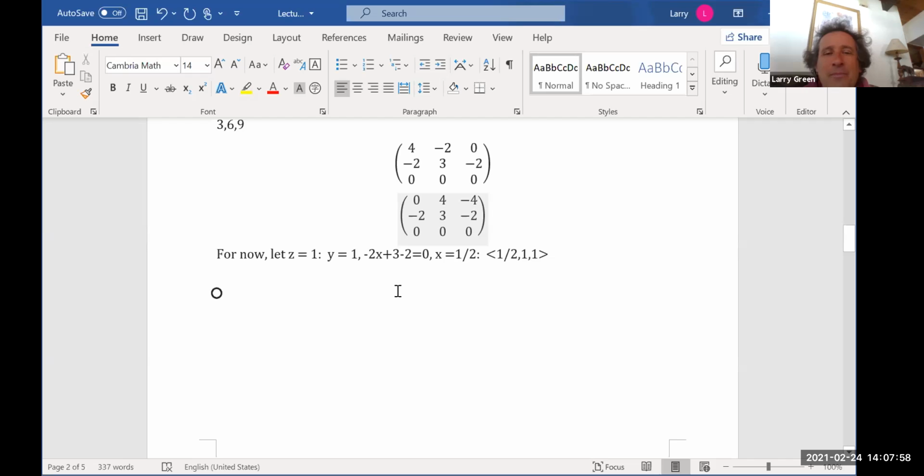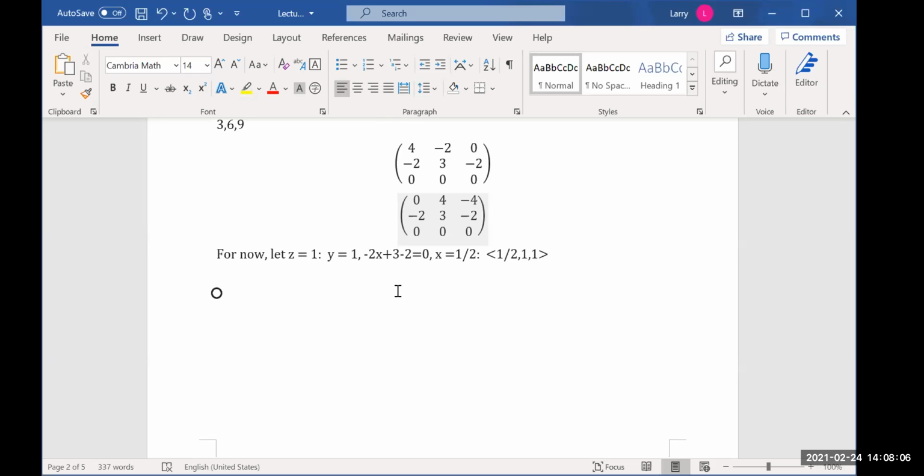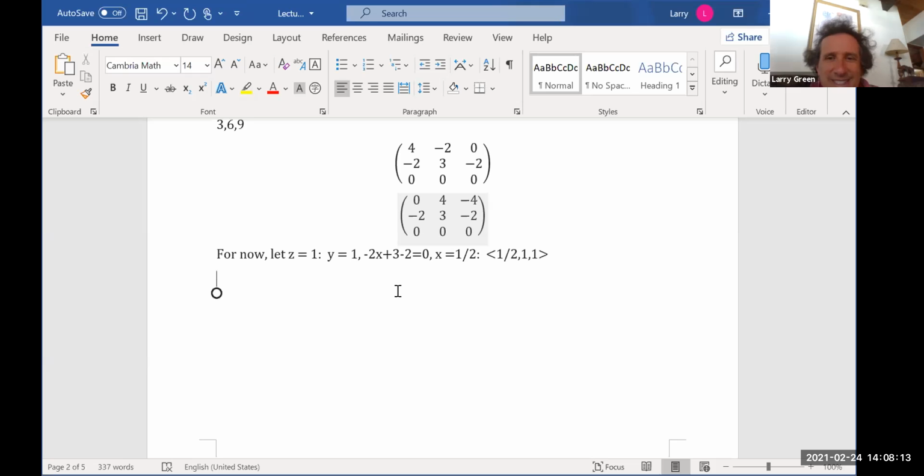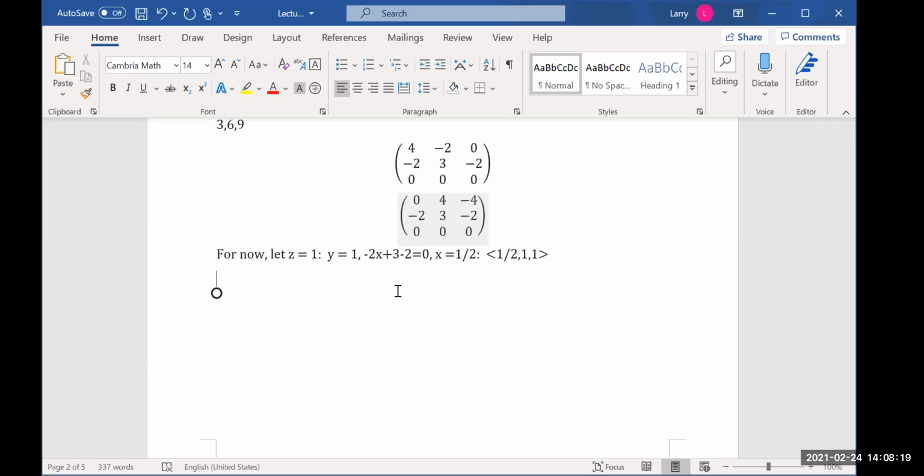Which one do I want? No, you're forgetting the big theorem we had a little while ago, the one that's going to make it orthogonal.